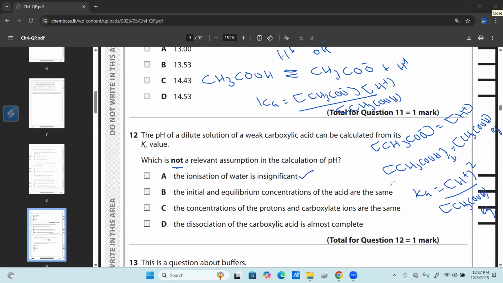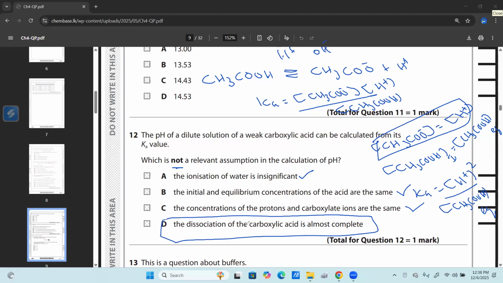The initial and equilibrium concentration, that is correct. Concentration of the protons and the carboxylate, that is this assumption, which is correct. Dissociation being almost complete is wrong because carboxylic acid is a weak acid and the dissociation will not be almost complete. It partially dissociates. This is only correct when you have a strong acid.